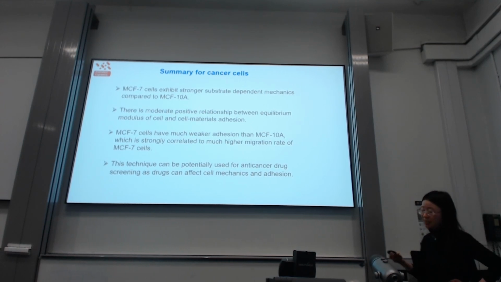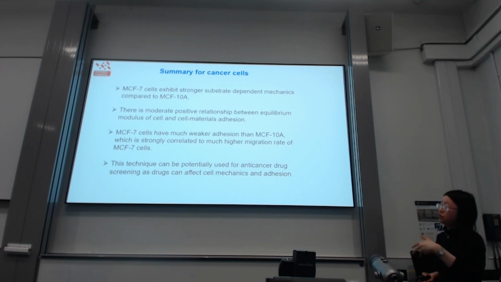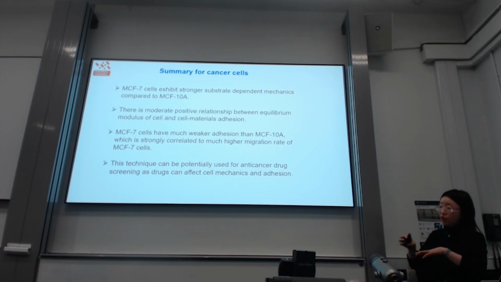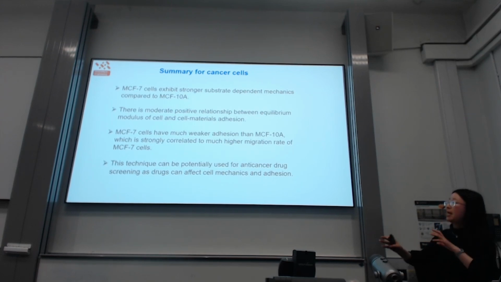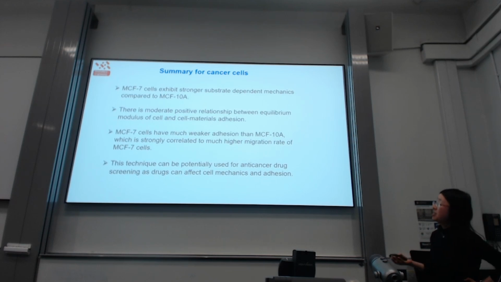This is not a surprise, because for a given type of cells, when you have stronger adhesion, usually the stress fibers are also better aligned, which usually leads to a higher modulus as well. But we wouldn't do this kind of cross comparison between different types of cells. Also, the cancer cells have weaker adhesion, which is also correlated to much higher migration.